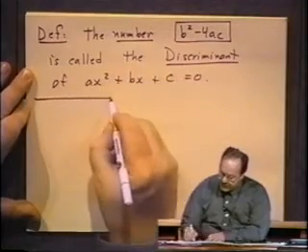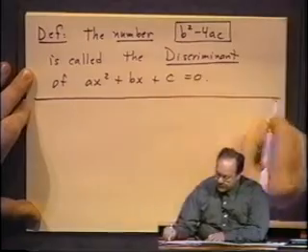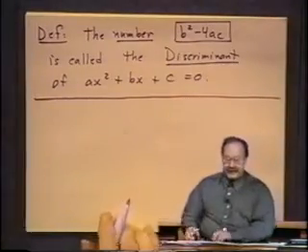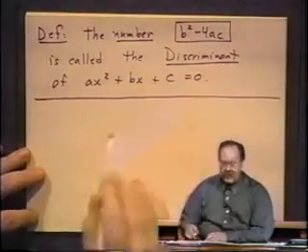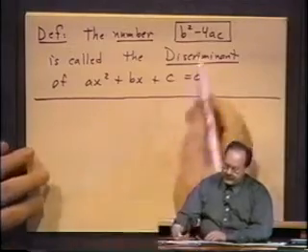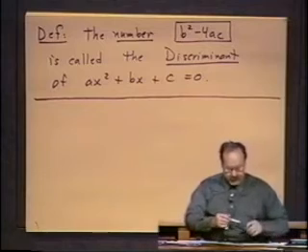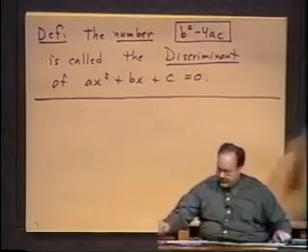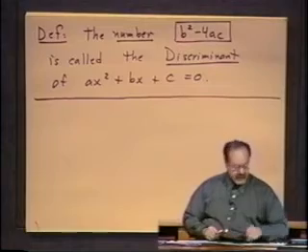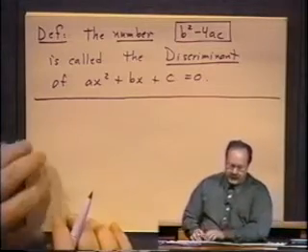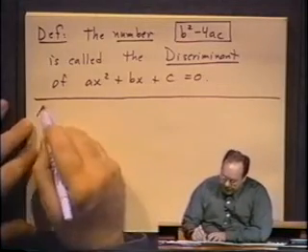See, the a, b, and c are not just letters that float in space. They are letters that are linked to the quadratic equation. They are these coefficients in this order. Now, this number is called a discriminant. Why is it called a discriminant? Well, it's called that because it's going to allow us to discriminate between various kinds of solutions. That's its great advantage.